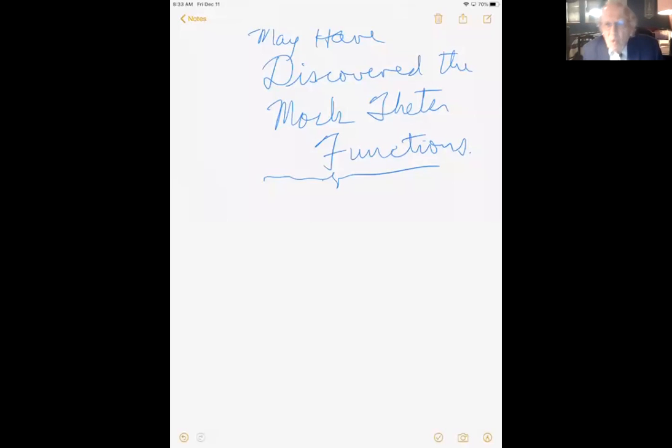A natural question to raise is, why would anybody think that there was another class of functions that were very much like theta functions, but not theta functions? What would give anyone the idea of that?